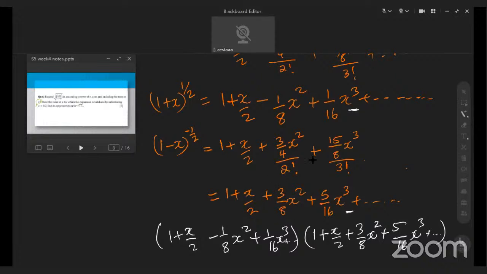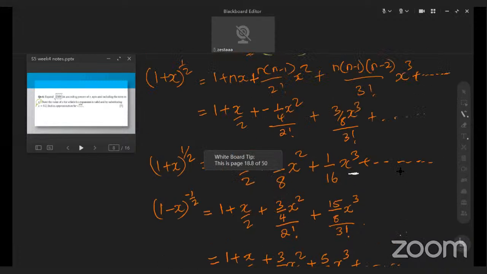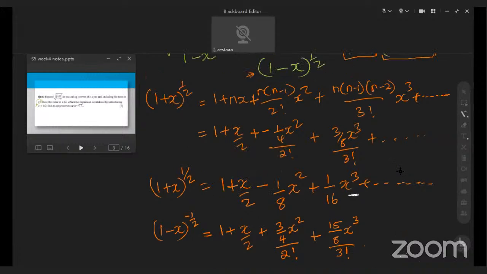Yeah, so I think it's supposed to be minus 3 out of 8 x. It's negative, but remember it's also multiplying by another negative here. That's where I think the positive part is coming from. Yes, teacher. It's multiplying by another negative. Remember, this one is negative. This one is also negative.